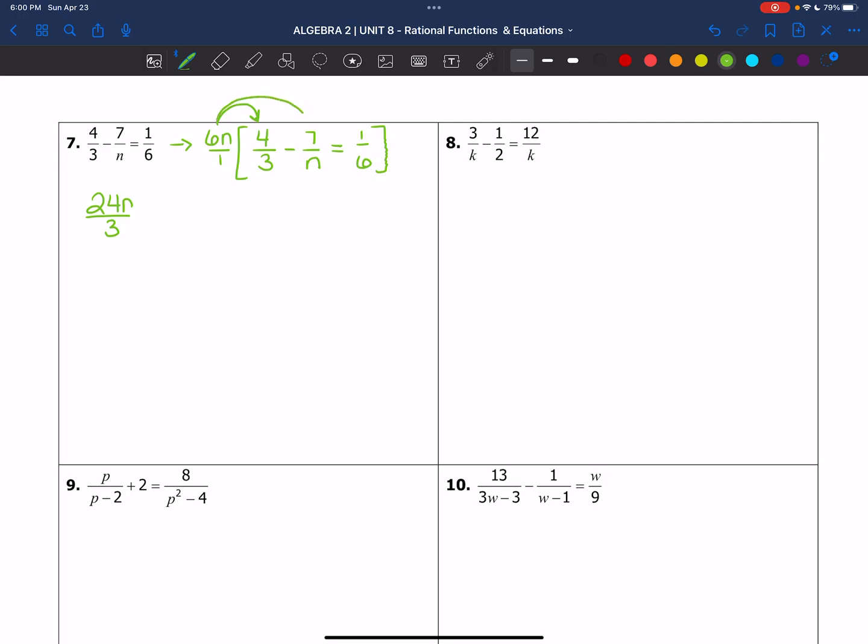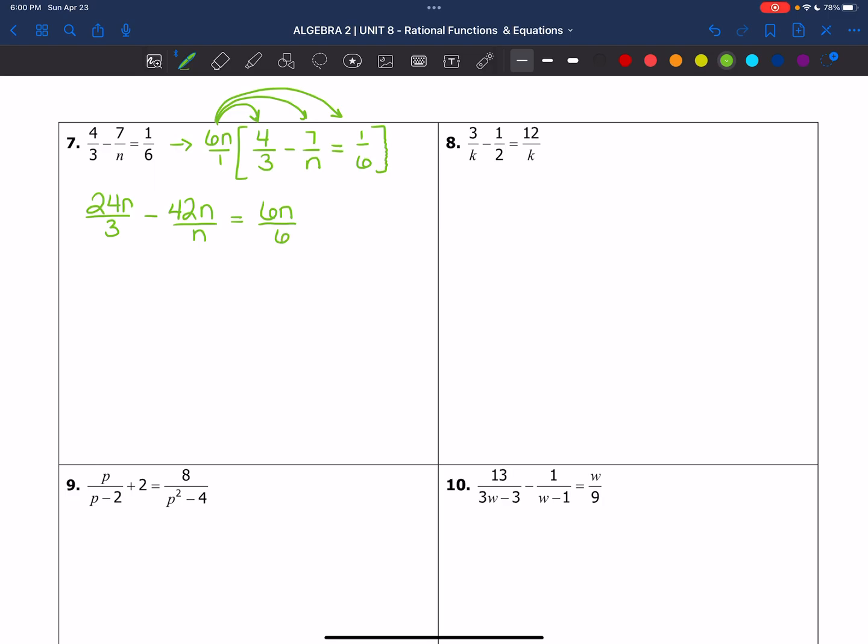And then the next term, we're going to be subtracting. When you multiply those together, that's going to give you 42n over n. And then last of all, we're going to have 6n. That's all it'll be in the numerator because it's multiplying by 1 over 6.